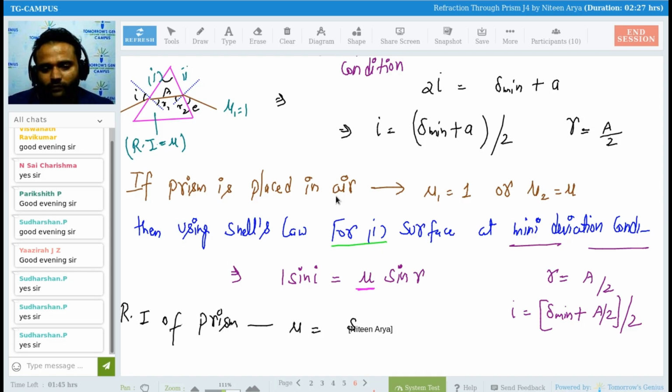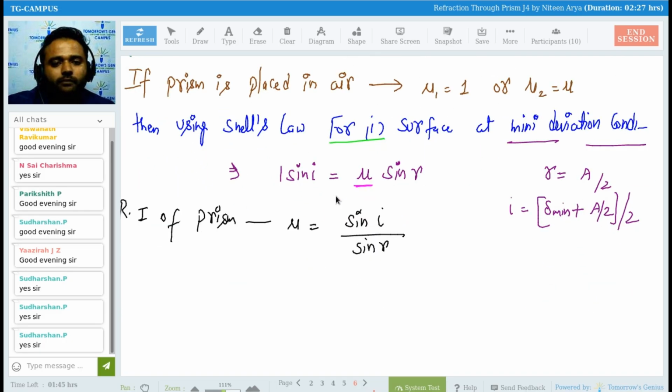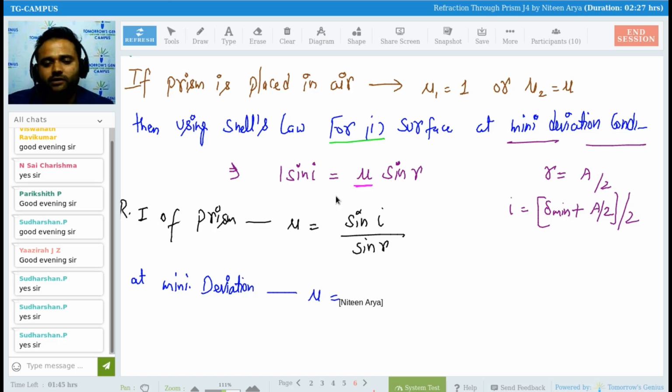Mu equals sin I by sin R. We know the value of I also. We know the value of R also. Putting both the values, which is mu again at minimum deviation, which is mu equals sin I.